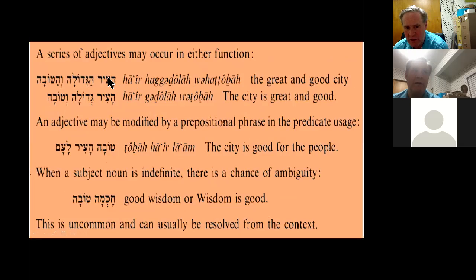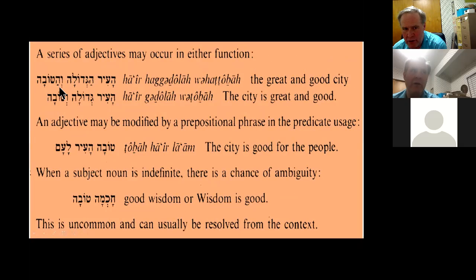Here's a longer set of these. The word for city was ir. The word for the city would be ha'ir. Well, what if it's the city, but it's also great and it's good? So the great city would be ha'ir hagadolah. And the word for and was, remember, the vav in front, that means and.